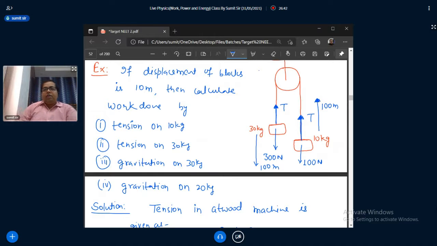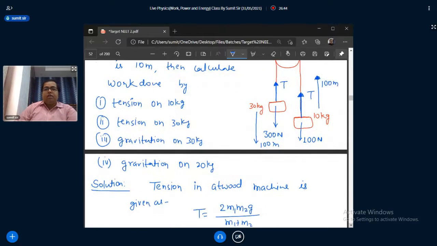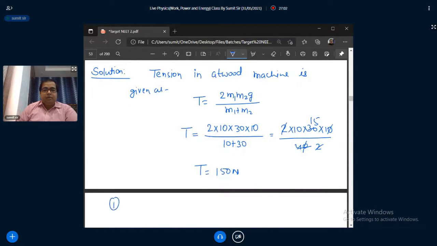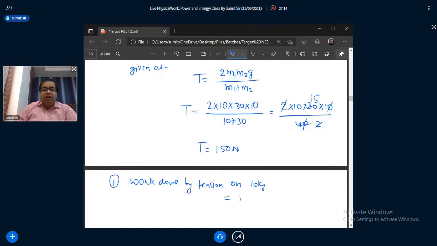Okay. So what we have? First, tension on 10 kg. This is 10 kg. You see the tension and displacement both are in same direction, and the magnitude of tension is 150 Newton. So I can say first, work done by tension on 10 kg is equal to 150 force, and displacement is 10.